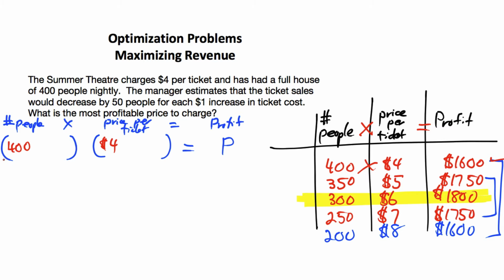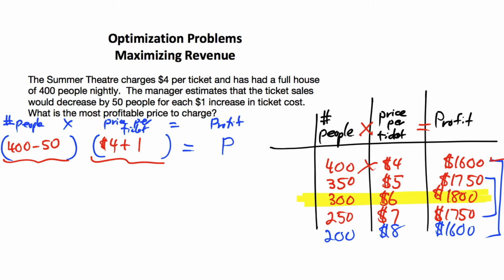Now, I want to cause this number of people and price per ticket to change. So if I add $1 to the price, I lose 50 people. Okay, so that generates the second scenario in my list.